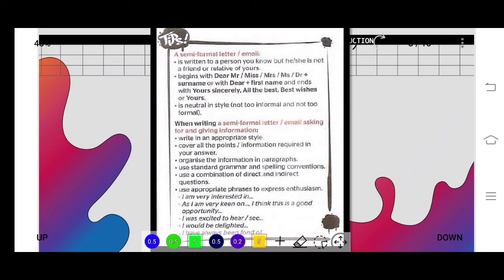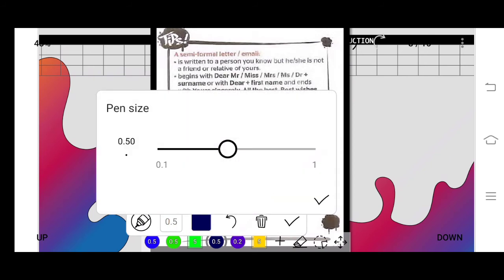It is quite awkward if you put your name or information in the last paragraph, right? So make sure that your letter is organized, and then you have to use standard grammar because this is a semi-formal letter. And then spelling conventions, and use a combination of direct and indirect questions because it's semi-formal. You want to ask them properly about the information.